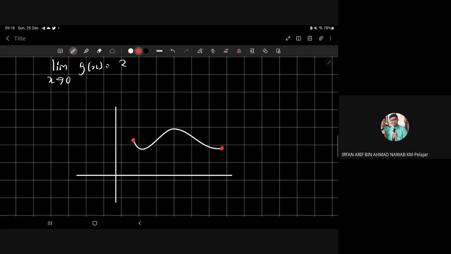Let's assume that this function is continuous everywhere else. So whenever we are dealing with endpoints, the limit only exists approaching from the right, in other words, the right hand limit. The right hand limit exists, but the left hand limit doesn't.